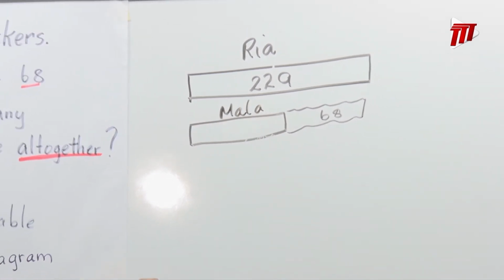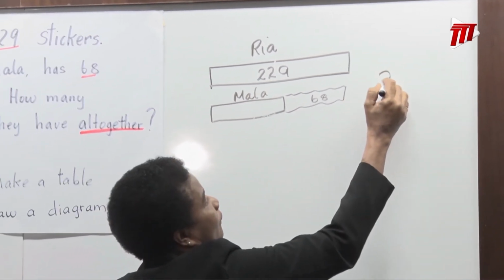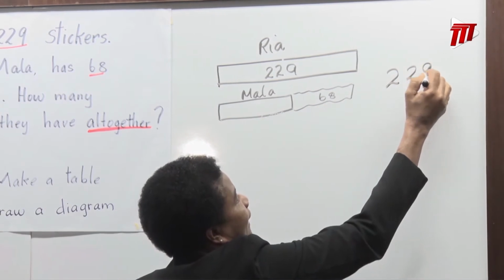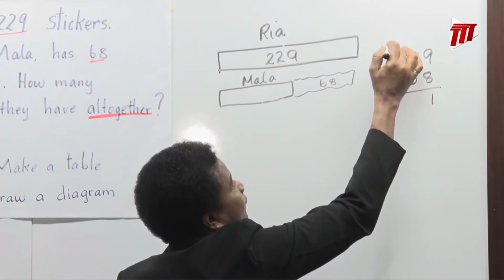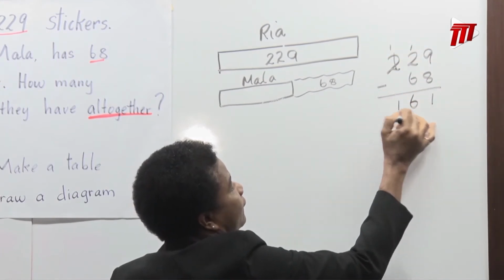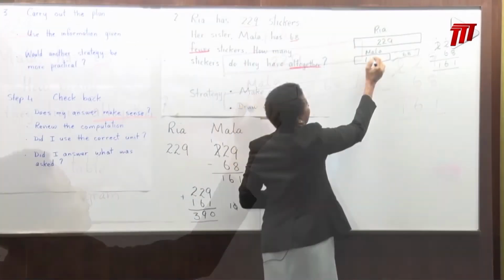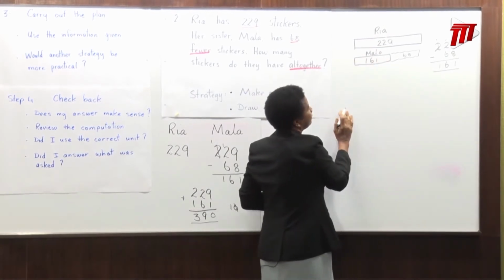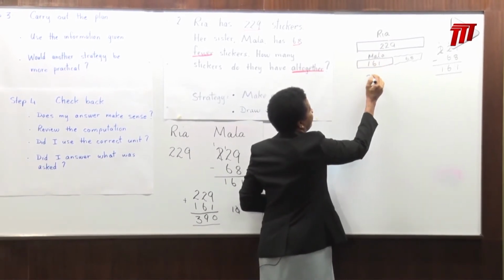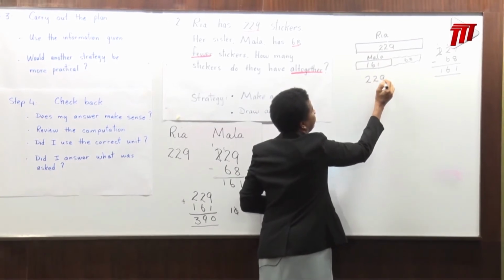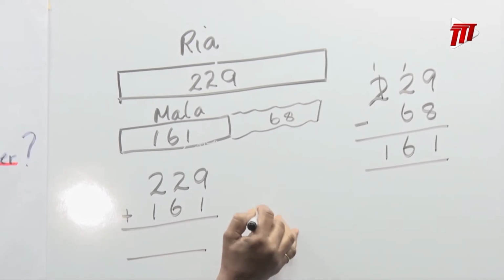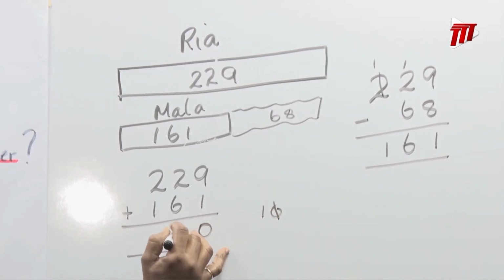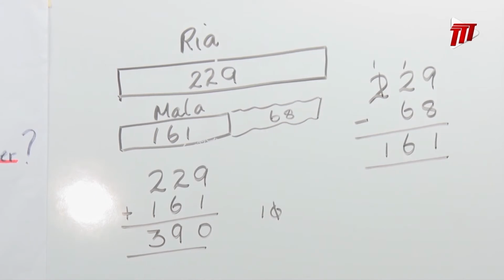So let's work out how much Marla has. Marla will have 229 minus 68, which we saw was 161. So Marla has 161. So altogether, 229 and 161, which comes up to 390. The same answer that we got.